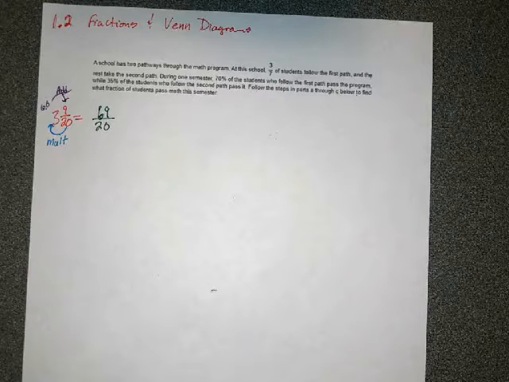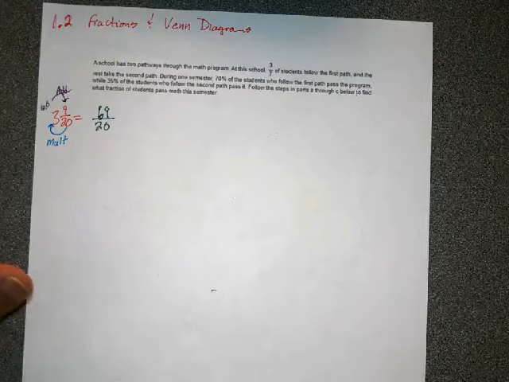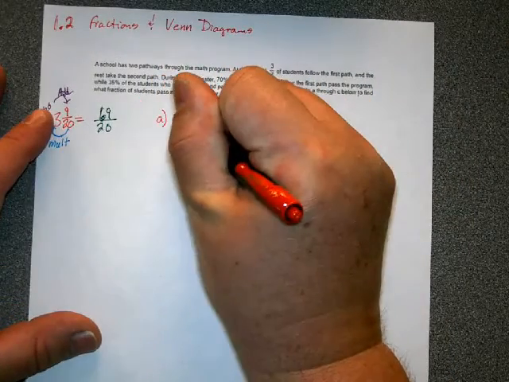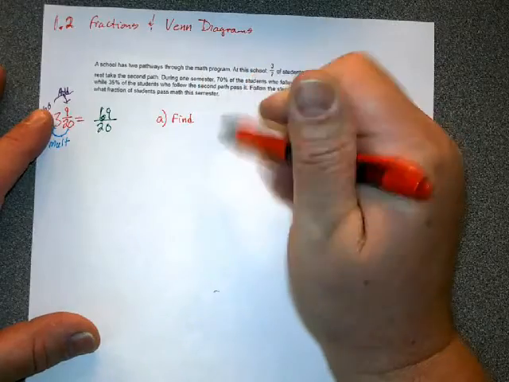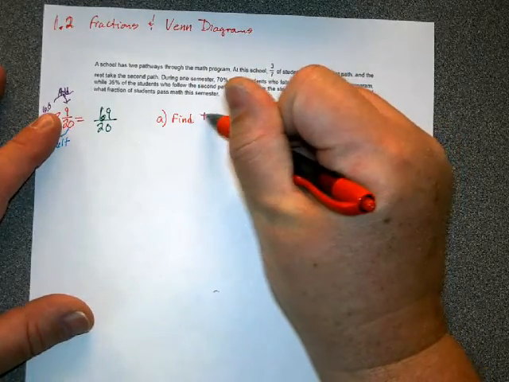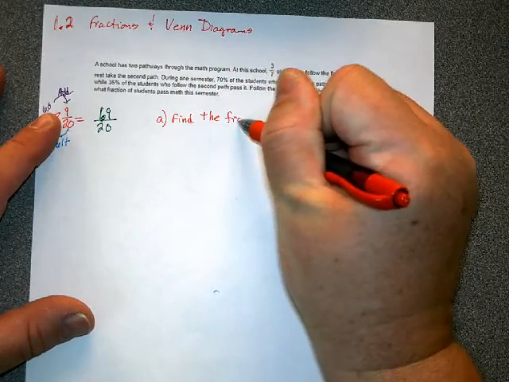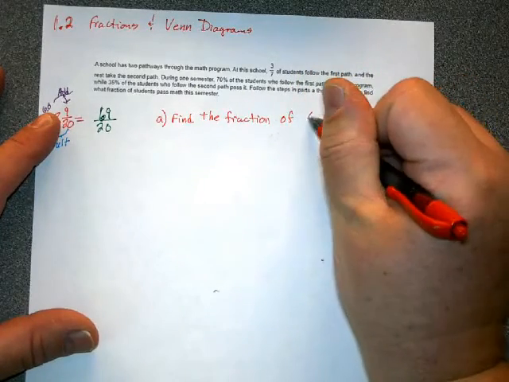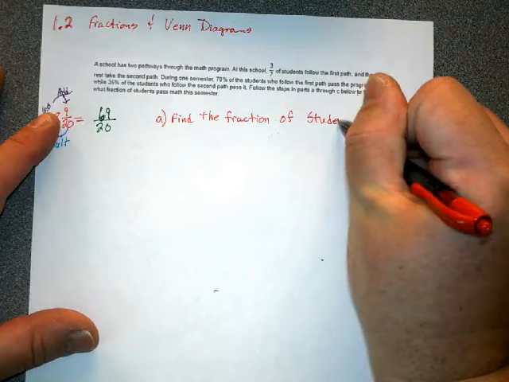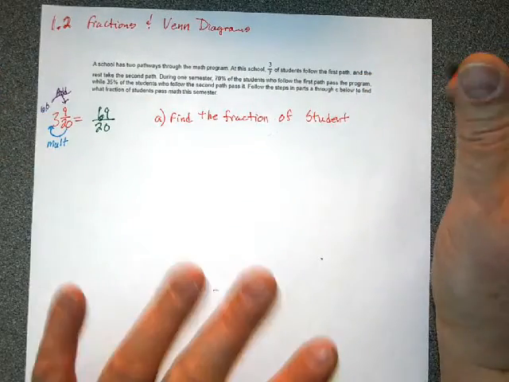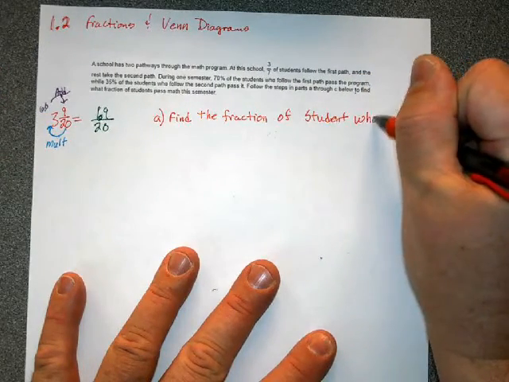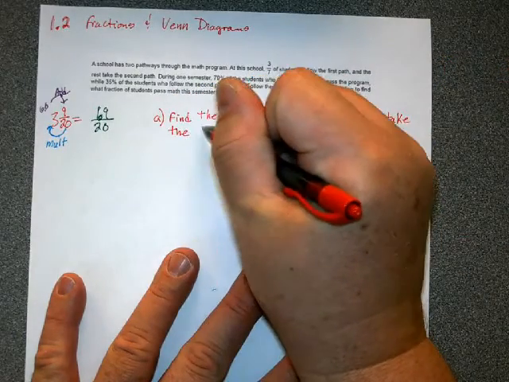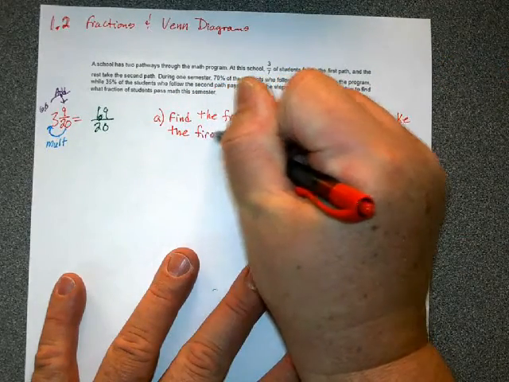Okay, so A. Here's A. Says find the fraction of students who take the first path and pass.